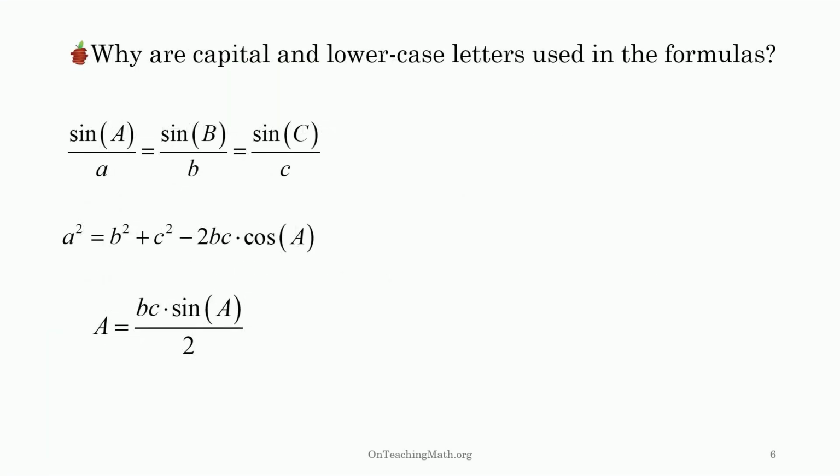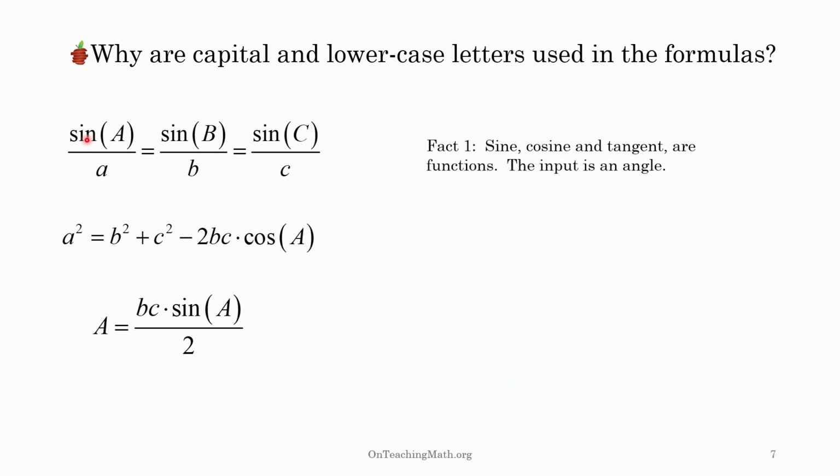So our very first question is, why are capitals and lower cases used in these formulas? So if you look, we have capital A, lowercase a, we have capital B, lowercase b, we have capital C, lowercase c. So why is it like that, right? Well, to help you remember why, let's think about what sine, cosine, and tangent are.